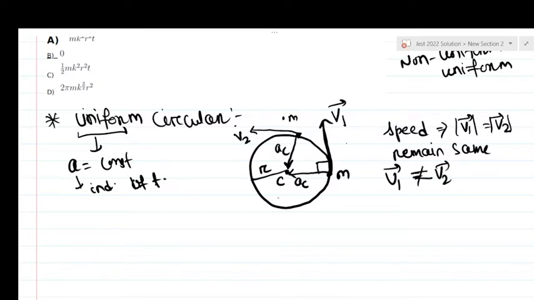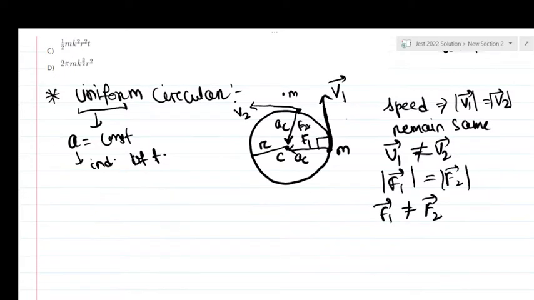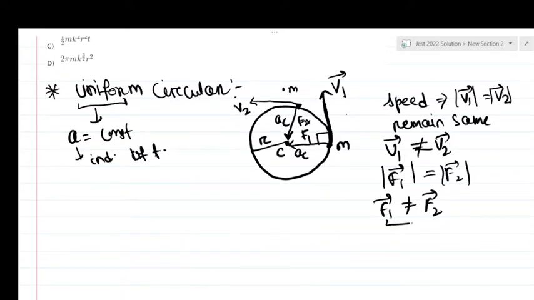Velocity is changing constantly, and it experiences force also. So this is f1 and this is f2. The magnitude of f1 equals the magnitude of f2, but the f1 vector is not equal to the f2 vector due to direction changing. This is the case of uniform circular motion.